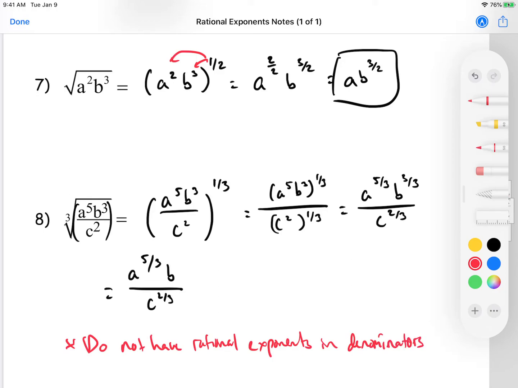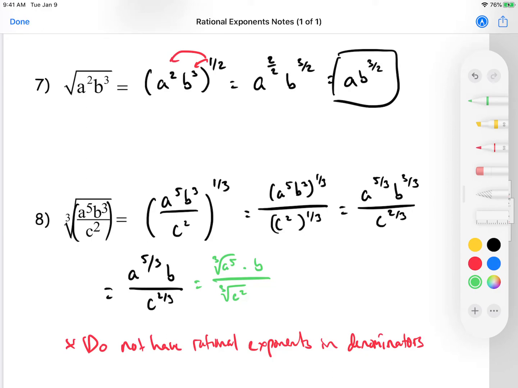And the reason why is, and I'm going to use green just to show you, this is the same thing as the 3rd root of a to the 5th times b over the 3rd root of c squared. So I have a radical in the denominator. Not good.